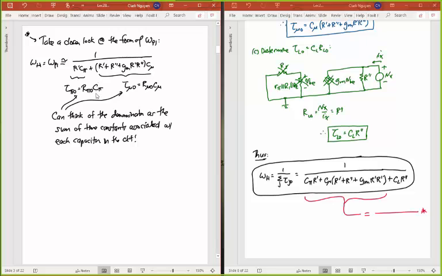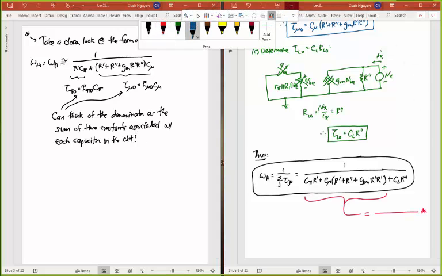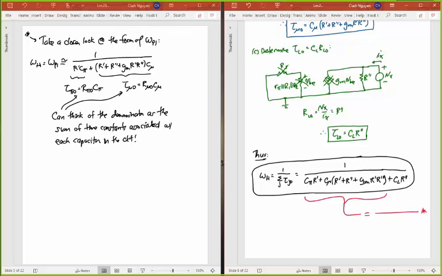If you look at this C pi times R prime, and this C mu times R pi plus R double prime plus GM times R prime, R double prime, these are exactly the same. Let me make sure that you can see the double prime right here. But these are exactly the same now.